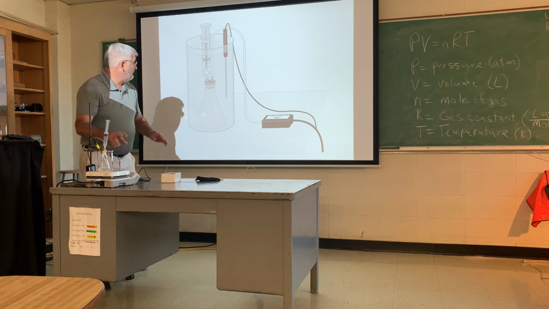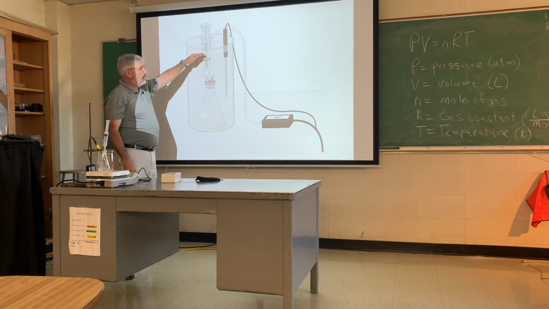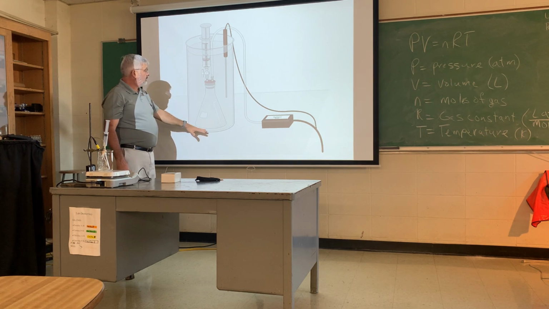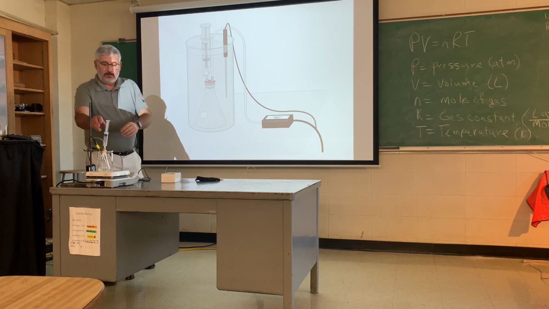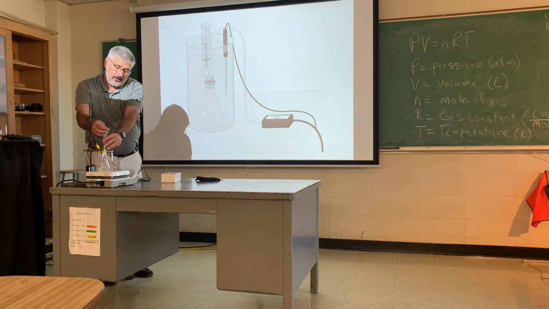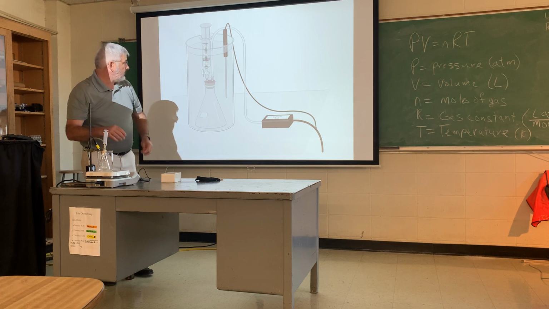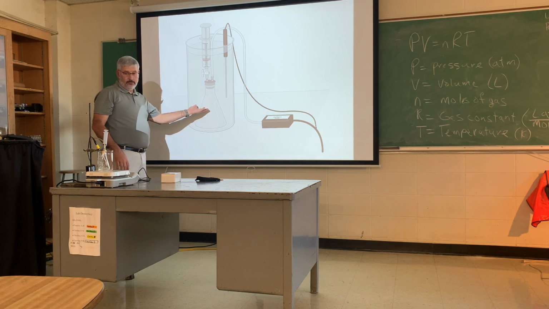And so then I fill my beaker with water. When the beaker is filled with water and it's sitting on the hot plate, I set up the syringe on the lowest volume, okay? So I start on the lowest volume, and then I turn the heat on, okay?